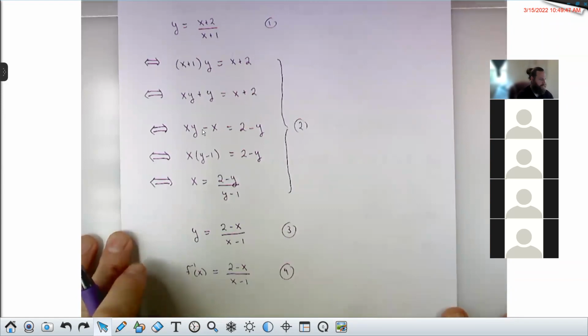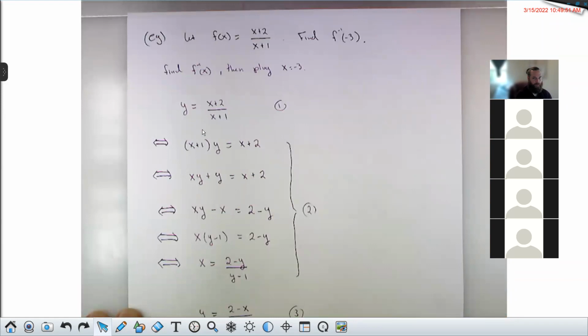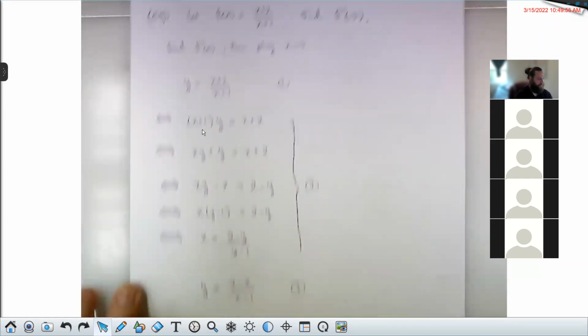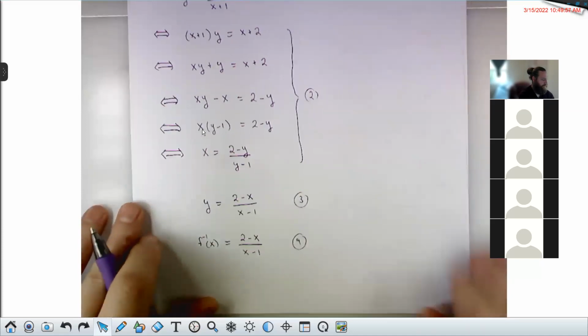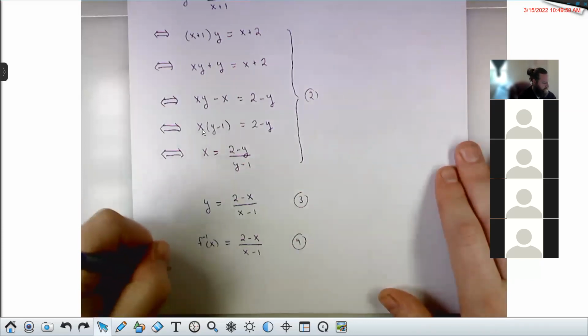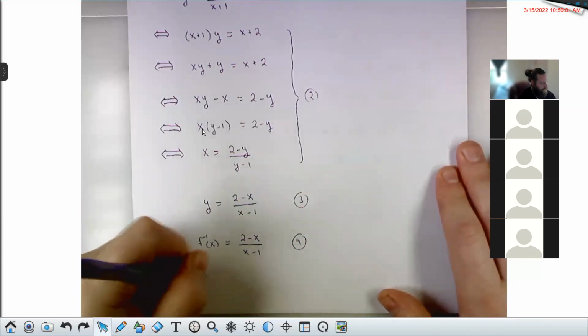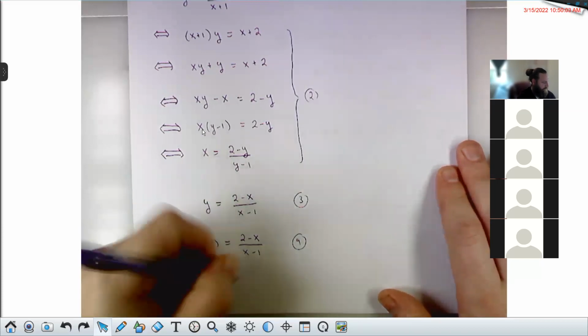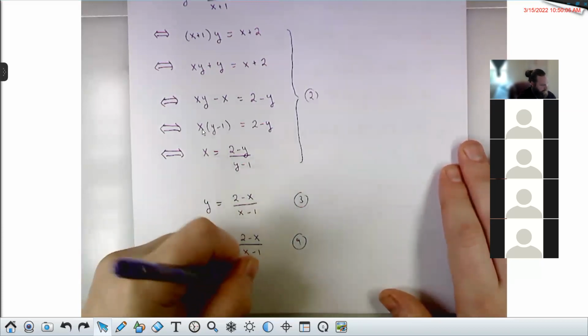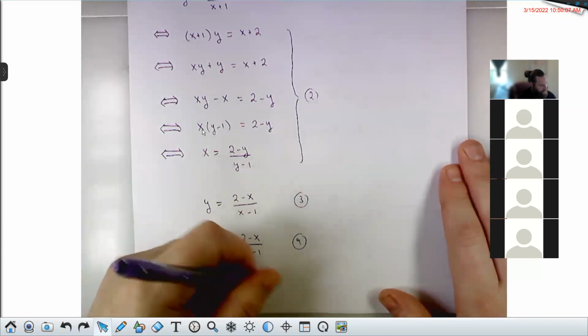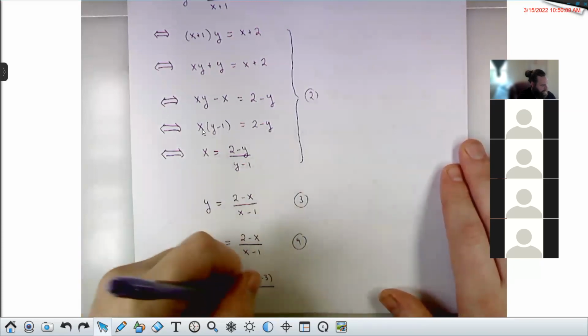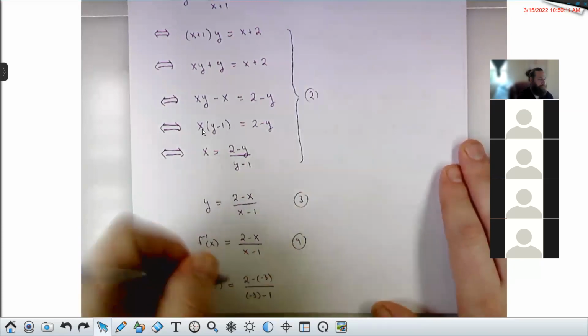In our strategy, we said we're going to find that inverse function and then plug in x equals -3 because we wanted f inverse of -3. So if I plug -3 in here, I get f inverse of -3 is 2 minus -3 divided by -3 minus 1.